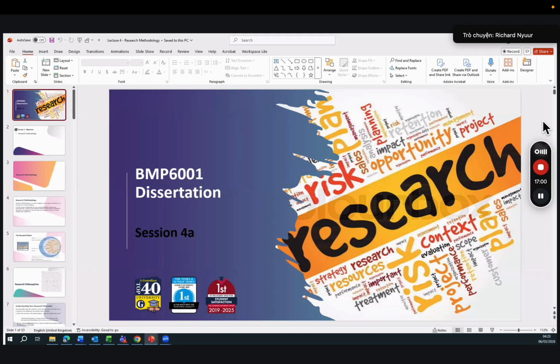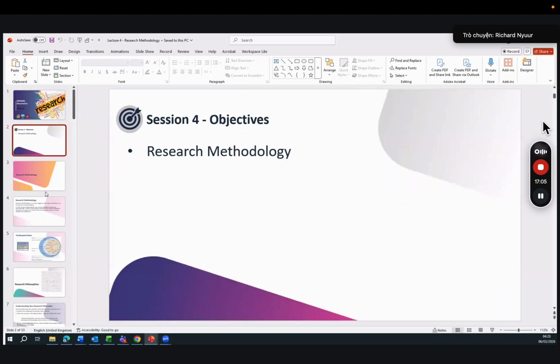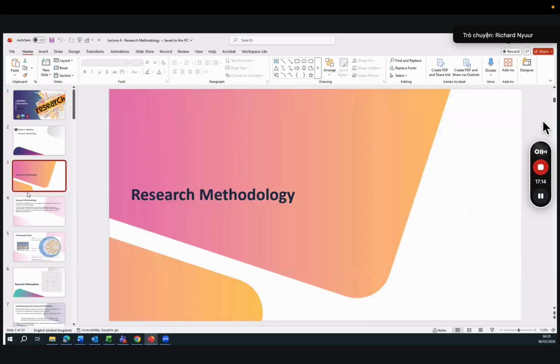All right, then let's move on to today's topic, which is the research methodology. What we've done over the past 3 days has been to look at the identification and development of the research topic, the development of the research problem, the research aim and objectives, and then the research questions.